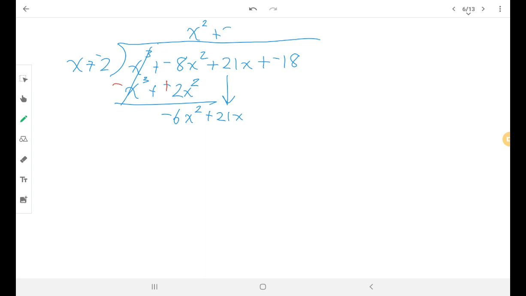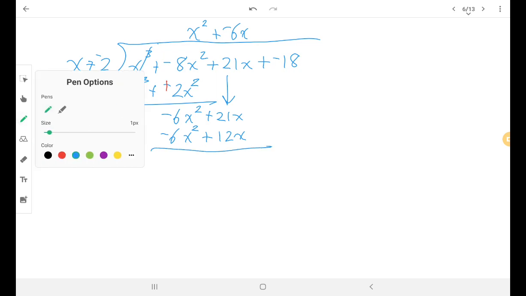Well, that'll be negative 6x times x is negative 6x squared plus negative 6x times negative 2 is positive 12x. Change the signs so that I am subtracting.